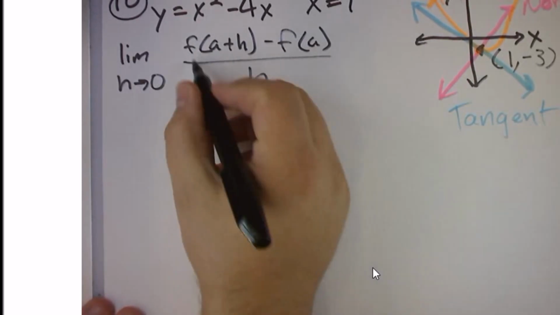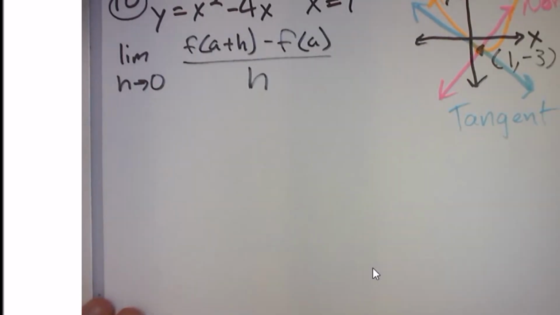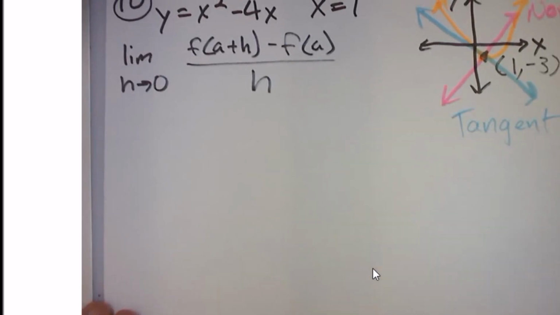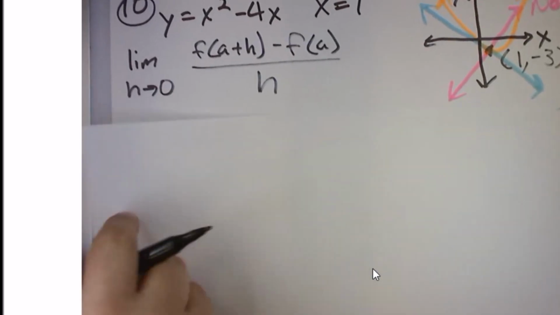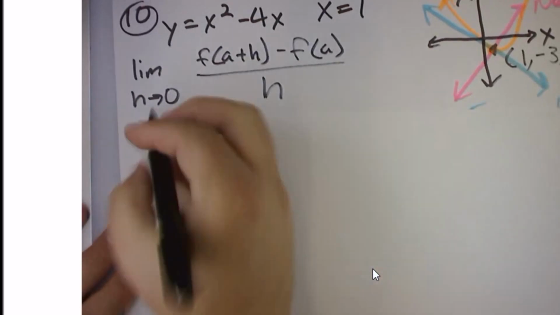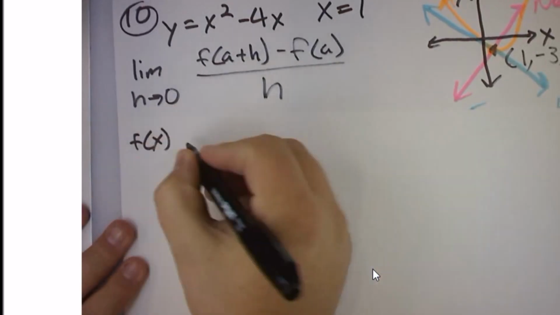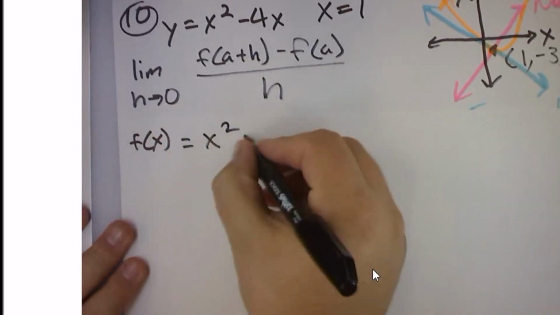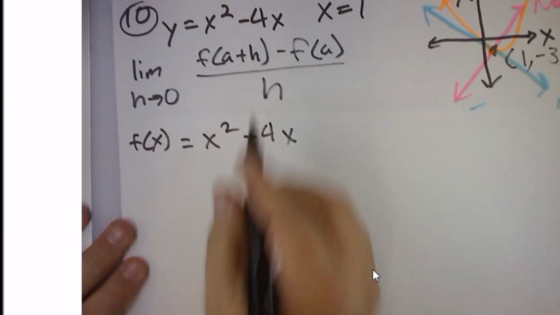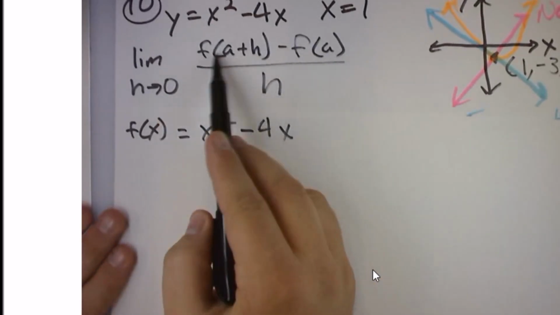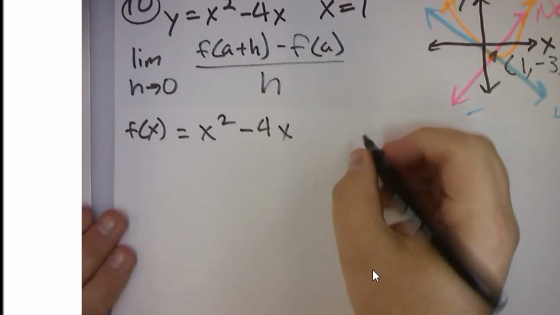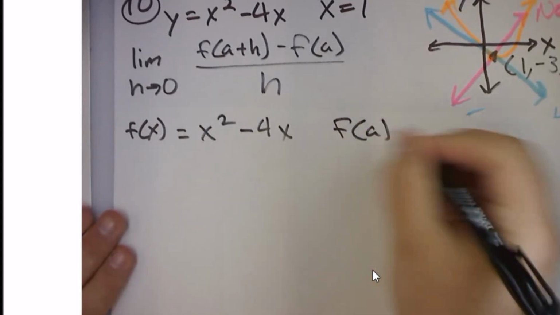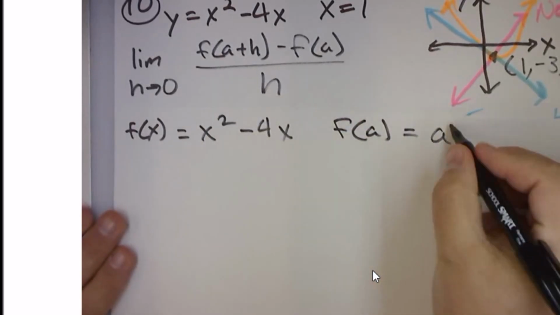So now here is the trick. What is f of x? Well, we said that f of x is really the same as y, which is x squared minus 4x. But I don't need f of x, I have a plus h and a. Well, f of a is easy. Wherever there's an x, I'm just going to plug in an a.